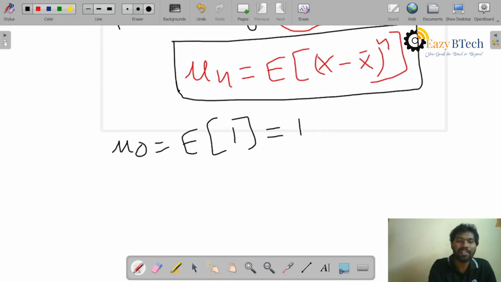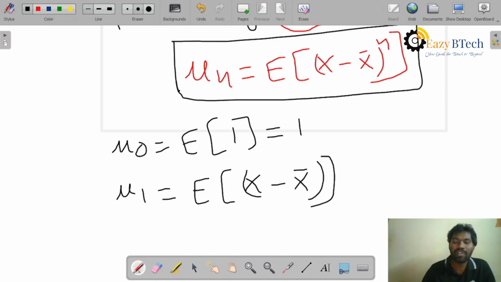Similarly, take the first order central moment mu 1. Then it becomes expectation of x minus x bar. You should remember one thing here: x bar means the mean value, and the mean value is always a constant. It is not a random variable. Here the random variable is only x. If you apply the property of expectation, it becomes expectation of x minus expectation of x bar.